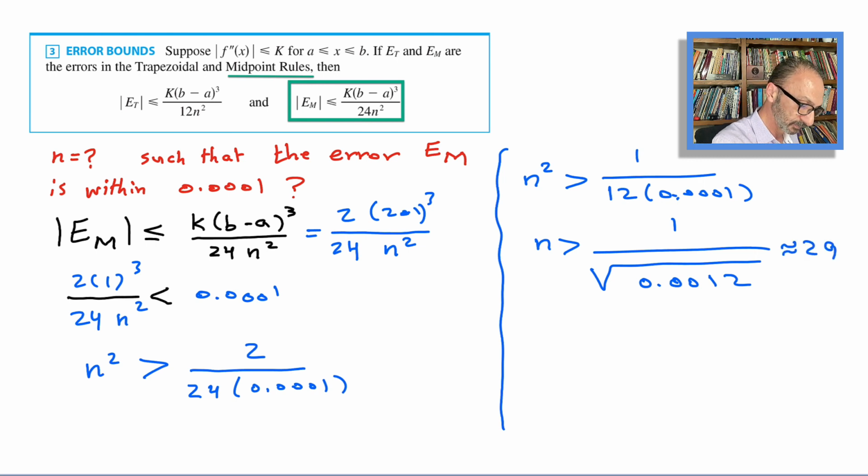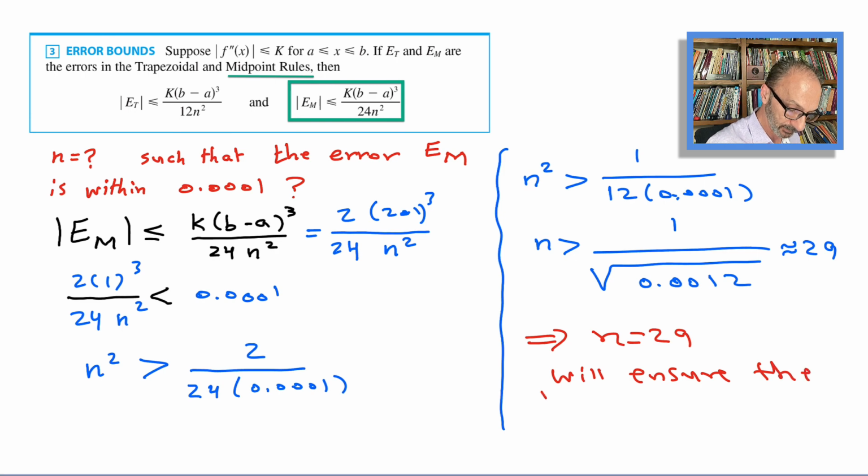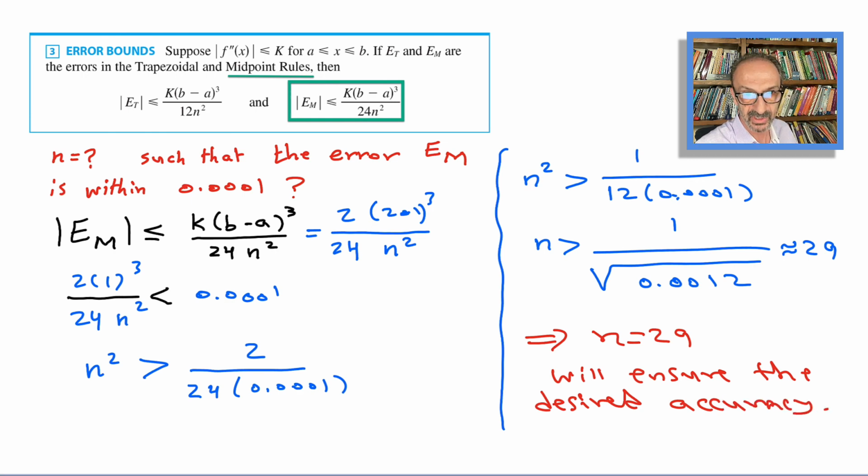So therefore n equals 29 will ensure the desired accuracy. As you could see, the calculations are about the same, except instead of 12, 24. That's the reason why I skipped the one from the last example. Moving on.